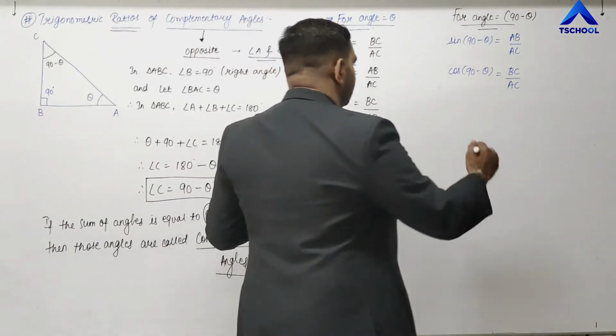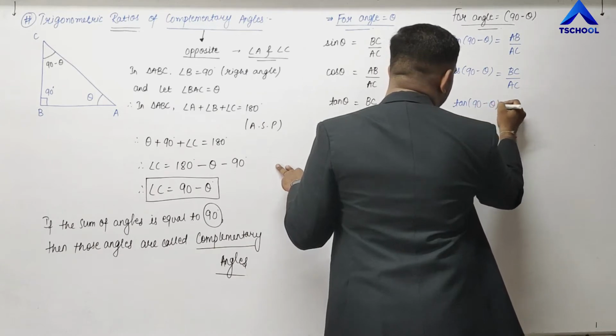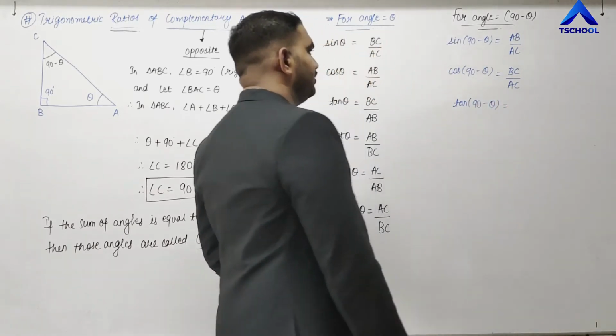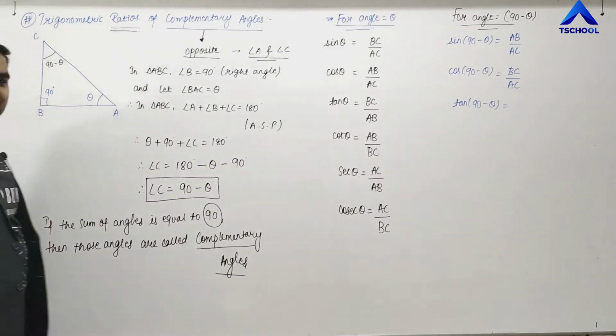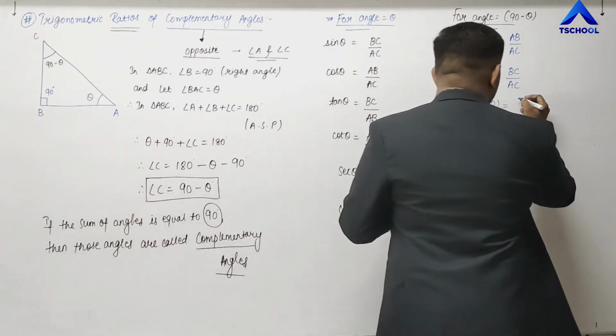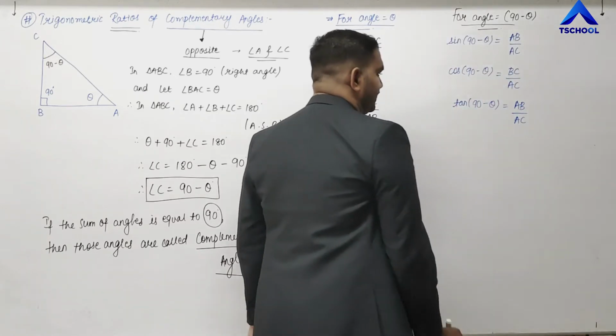The third one, tan 90 minus theta, that is equal to side opposite to 90 minus theta divided by side adjacent to 90 minus theta, which is equal to AB upon AC.